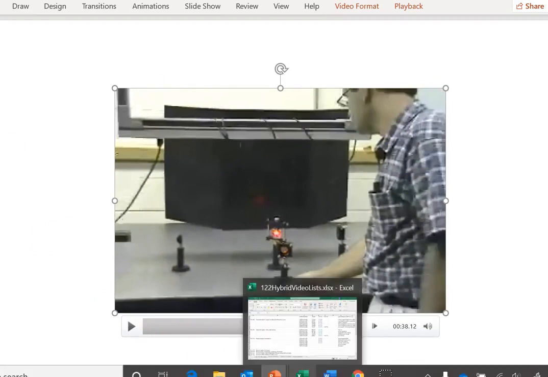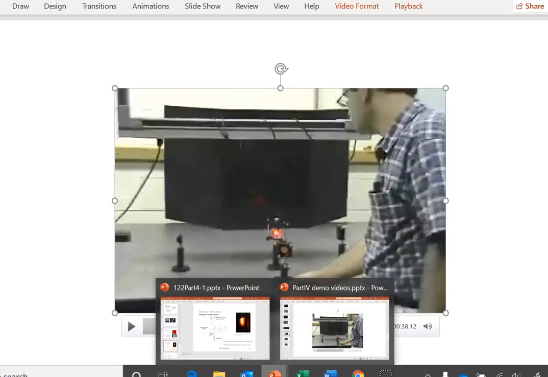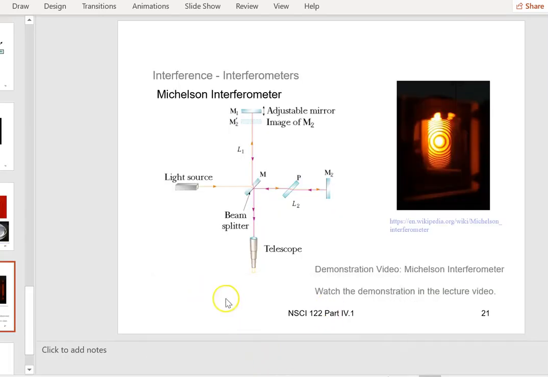Okay, so again, know what an interferometer is. You should be able to describe the basic parts of a Michelson interferometer and know what you can use them for. Again, you can use them to measure wavelength. You could use them to measure small distances.